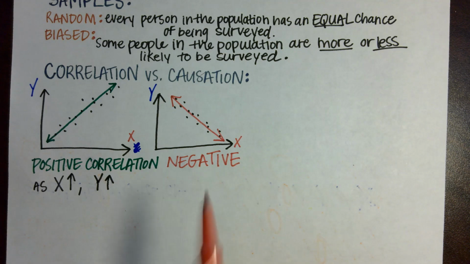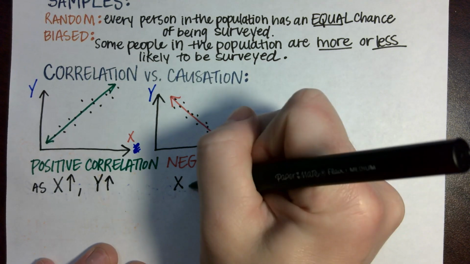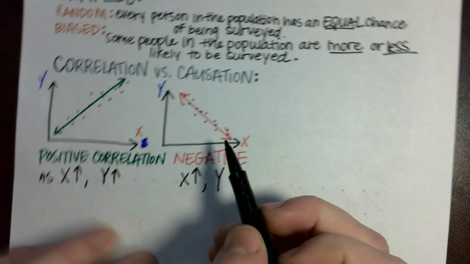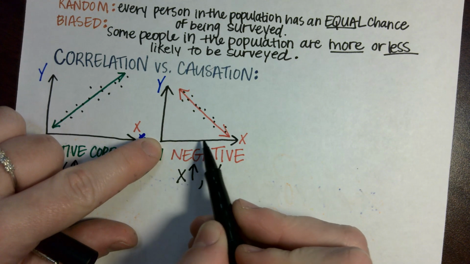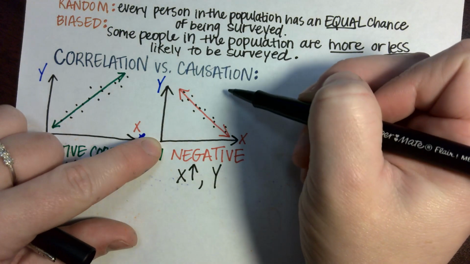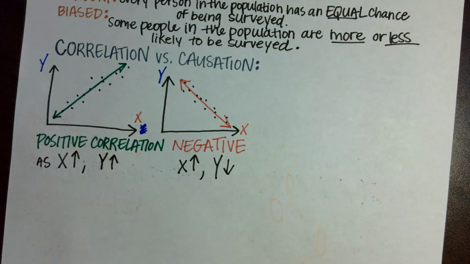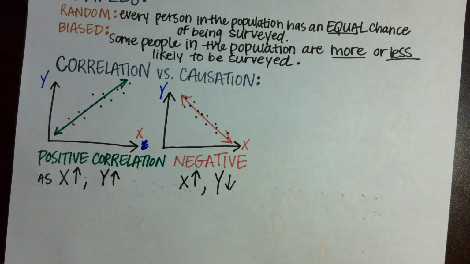They all mean that you're doing kind of the opposite thing. So as x goes up in a negative correlation, what happens to the y? It goes down. Yes. As our x value gets bigger, our y value is getting smaller. Good.